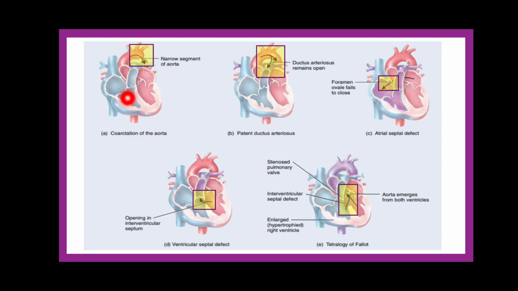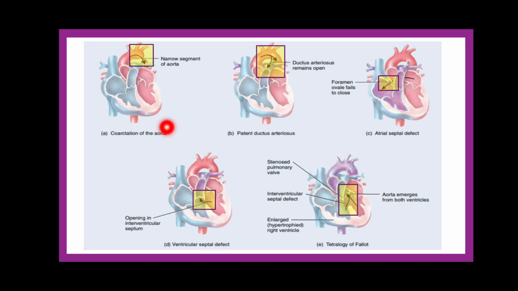Coarctation means there is a specific area which relates to the ductus arteriosus. So coarctation is nothing but narrowing of the aorta region, basically in the ductus arteriosus region.